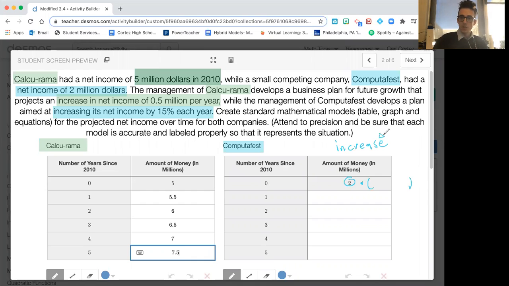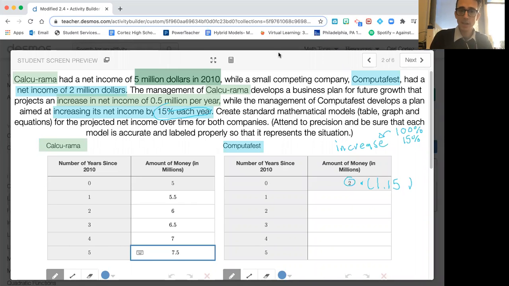Well, anytime it's increasing, we want to acknowledge the 100%, and then we want to acknowledge the additional amount. So really, every year, this is multiplying by 115%, but we'll call it 1.15. That's a really big part, because we want to show this growth over time, and we want to make sure that the percentage is correct.